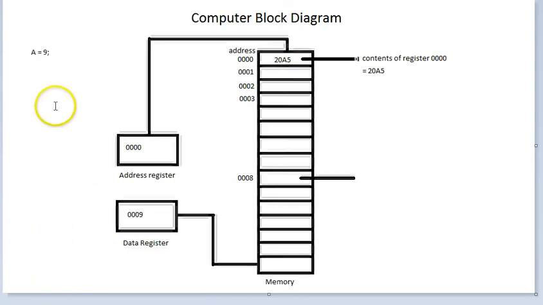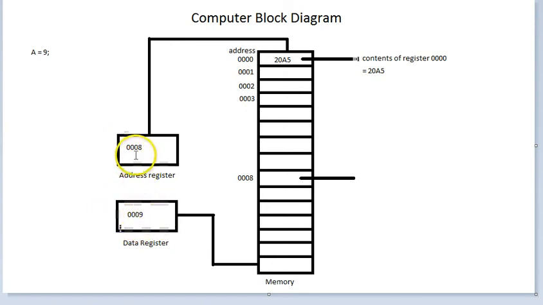Suppose now that we take a look at the C statement, A is equal to 9, and we'll assume that A has been set aside by the compiler to be in location 8, which would be right here. So first we would place an 8 in the address register. Let's go ahead and do that. Okay, so we put an 8 in the address register. The data register already has a 9 in it.